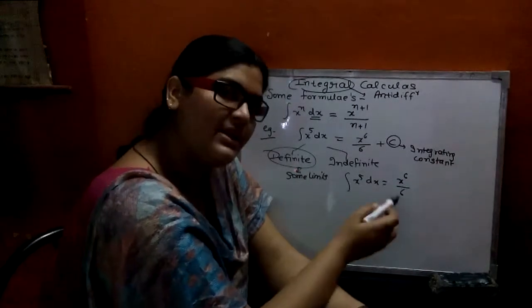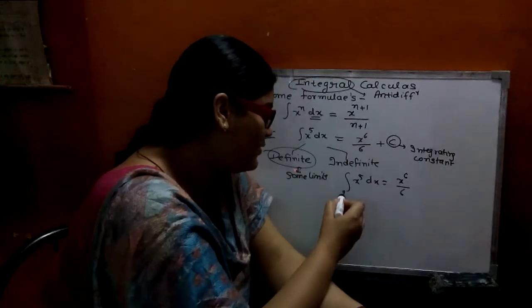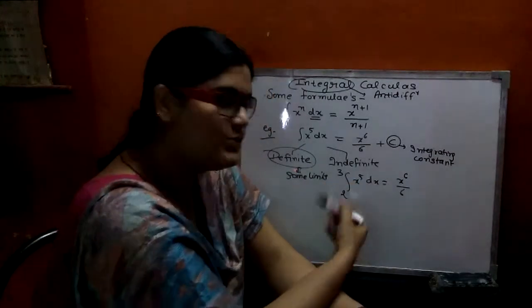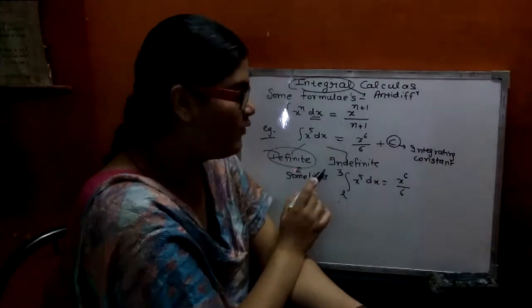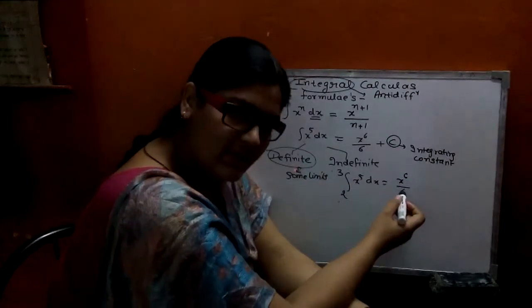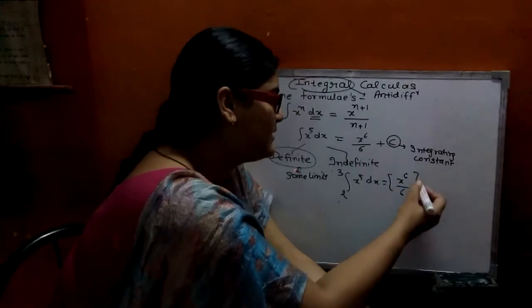If we have to find the integration of this with respect to x with limits from 2 to 3, where this is the lower limit and this is the upper limit, then you have to integrate this and apply the limits.